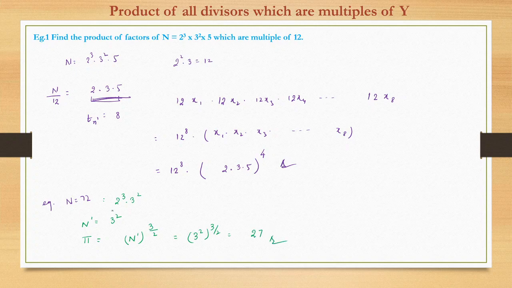So the simple concept is, since we have to find the product of odd numbers, we should not have any power of 2 here. We ignore 2, so the number becomes 3 raised to power 2. Now for the possible factors of this number, the multiplication of those would be given by 3 square raised to power number of factors by 2. So this is 27.